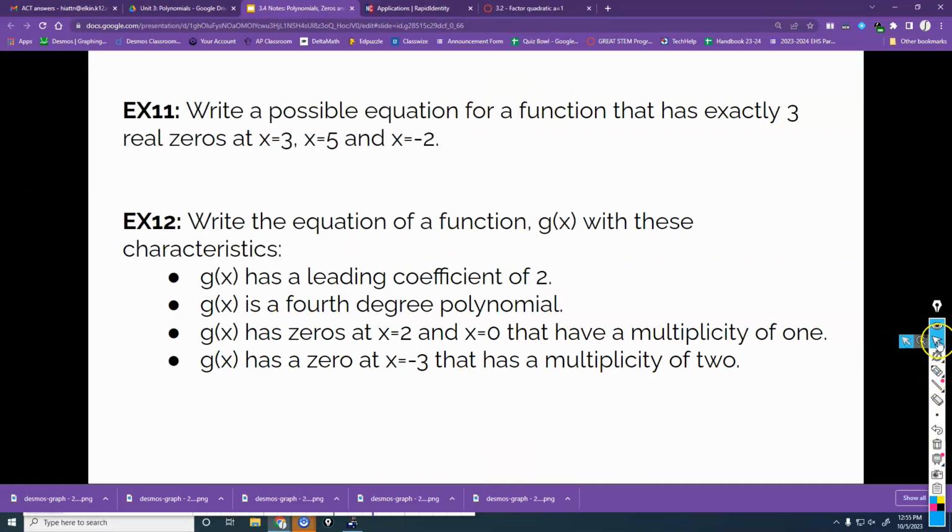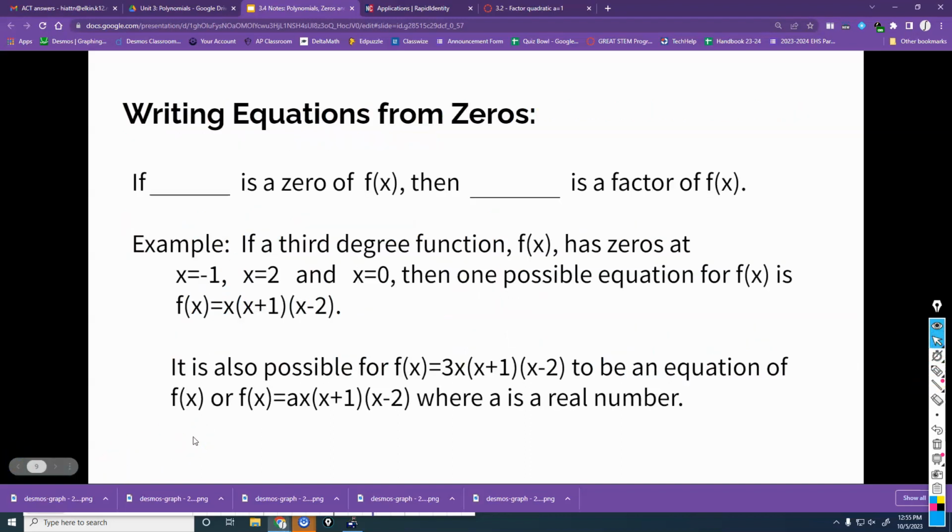Let's write that down. Hold on. Right here. This number right here, we might want to write that down. Whatever number is multiplied out here, that's your leading coefficient.